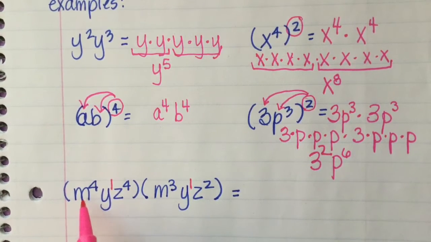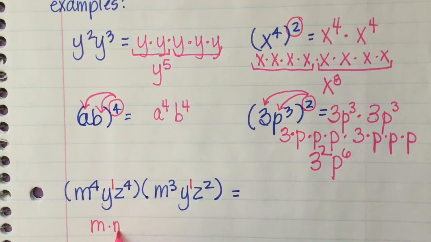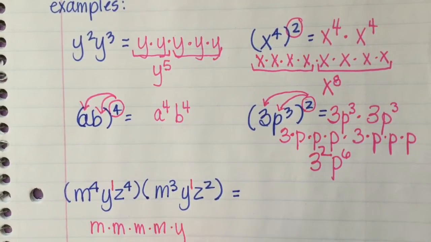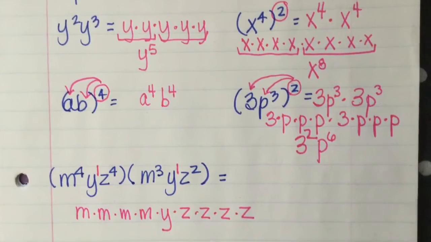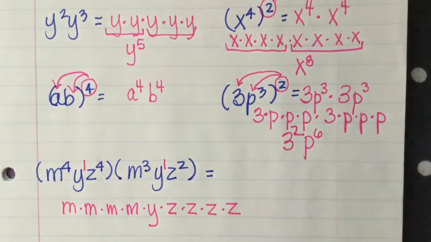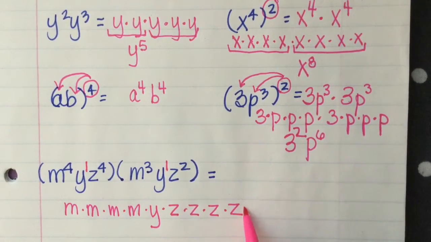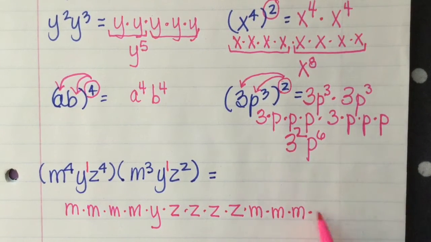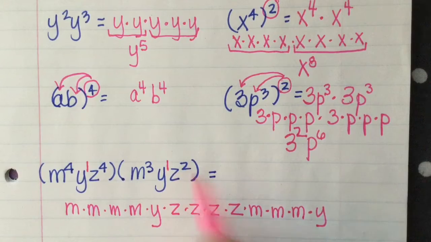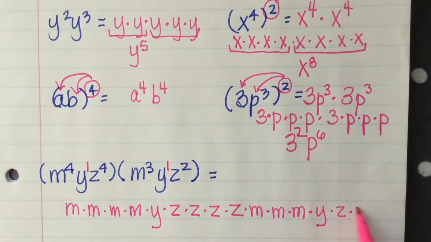So this says I have 4 of these m's. I've got a y, and I've got 4 of these z's. Now notice how that is just not the easiest way to write that out, right? That's why we've got these rules. Now I've got another 3 m's, another y, and then 2 more z's.